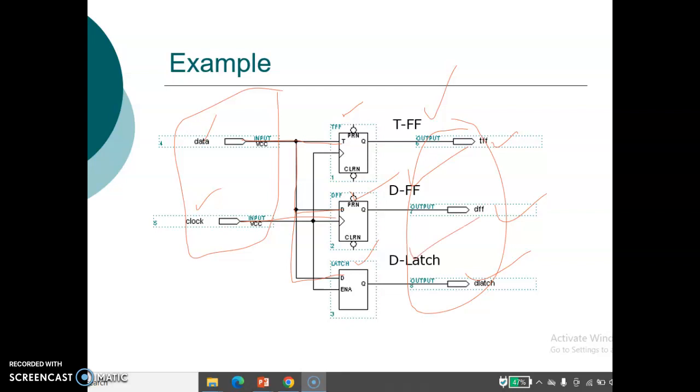So here another clock input, and in the D latch also and in the T flip-flop. Then T flip-flop output, D flip-flop output, D latch output.